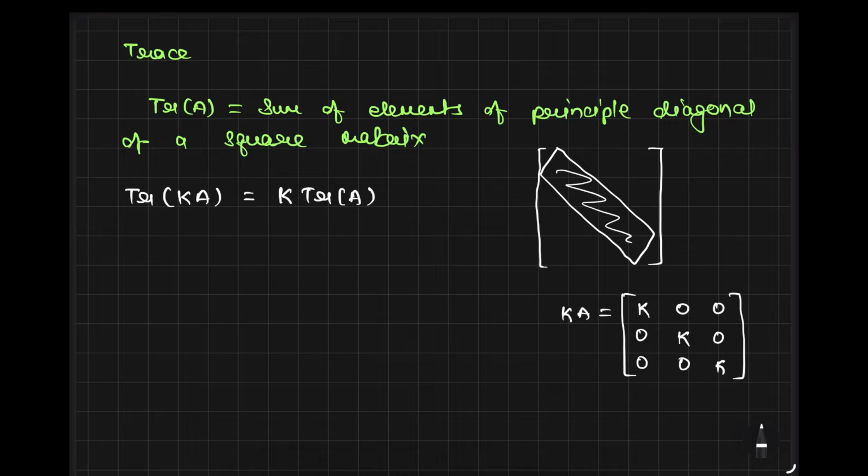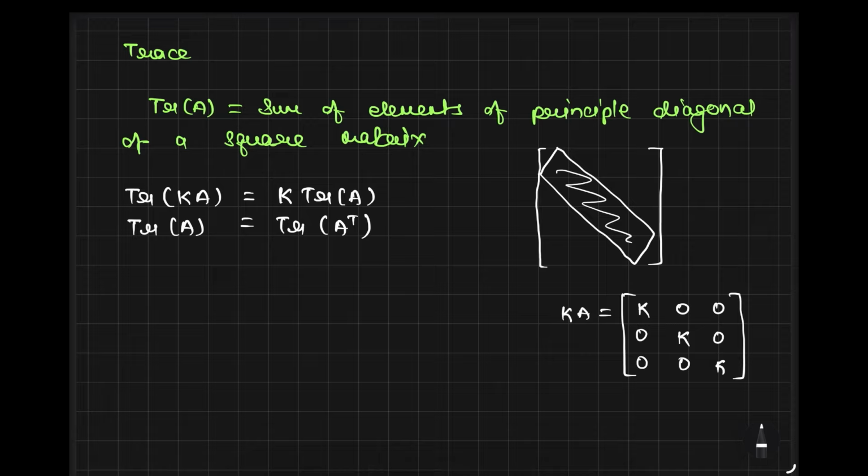Okay. Now trace of A can also be written as trace of A transpose. Suppose this is A transpose. Now try to understand what A transpose is.